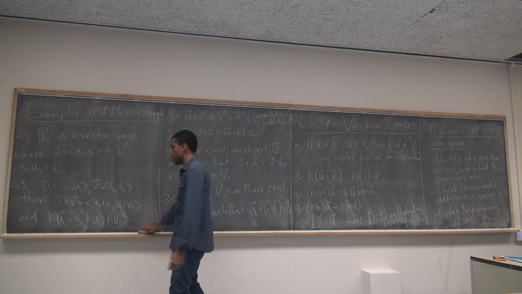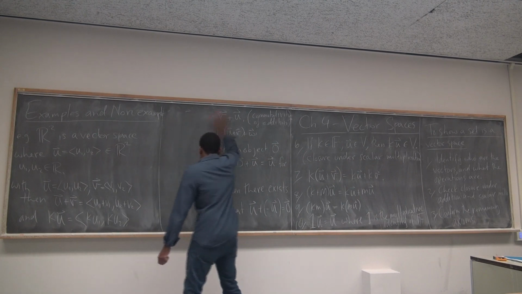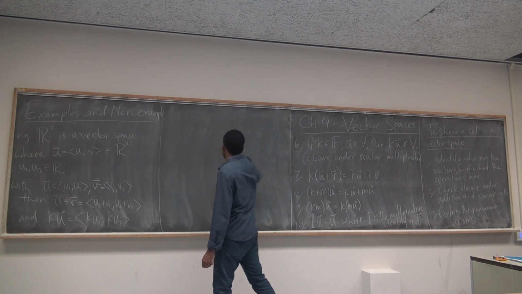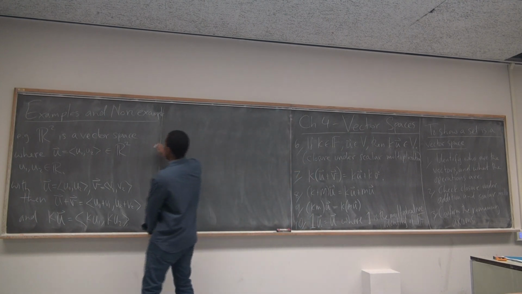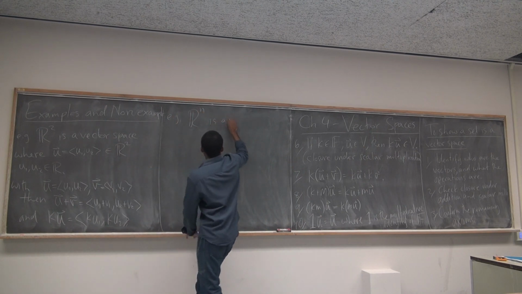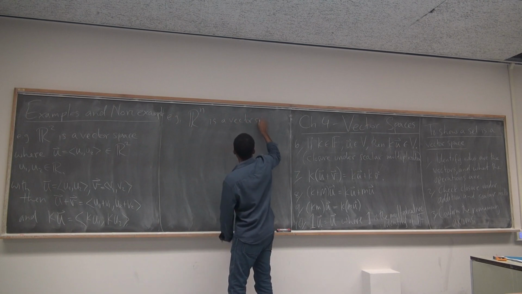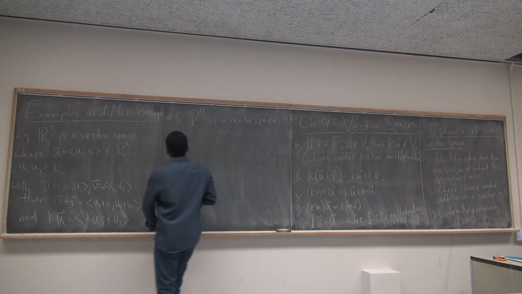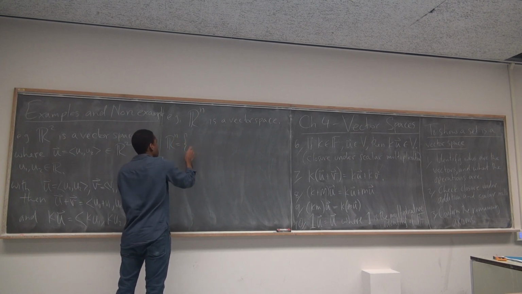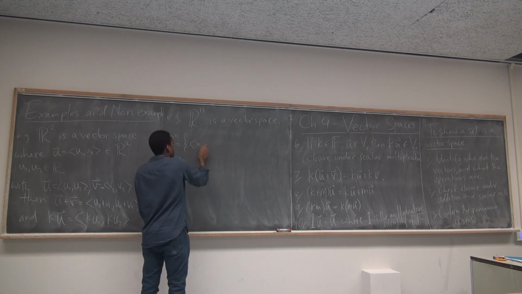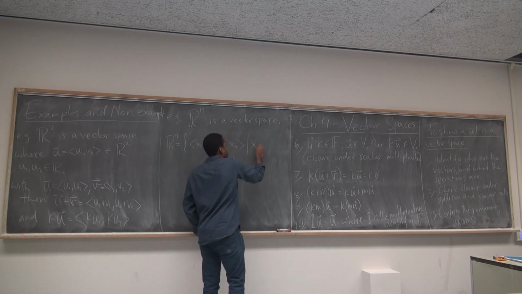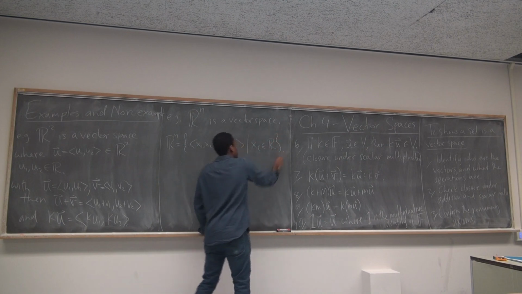R3 is also a vector space with a very similar operation. We can go even more generally. The n-dimensional real vector space, Rn, is a vector space. Rn is basically the set of all elements that look like (x1, x2, all the way to xn), where the xi are real numbers.